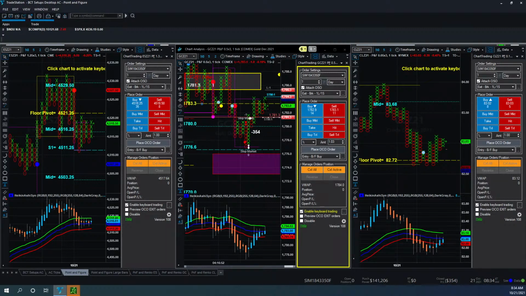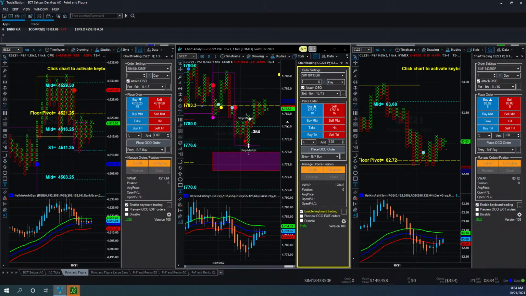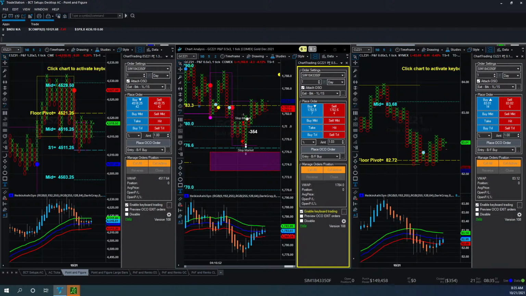There's a double top right here. I'm going to wait a little bit, see if I get a signal in the Renko chart.